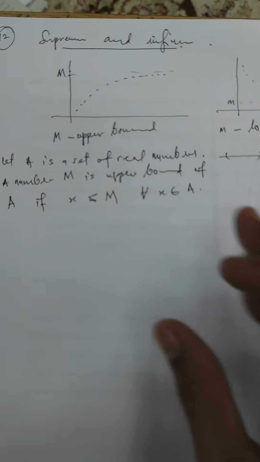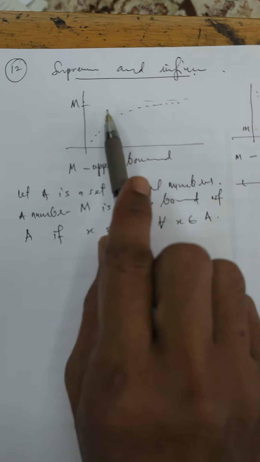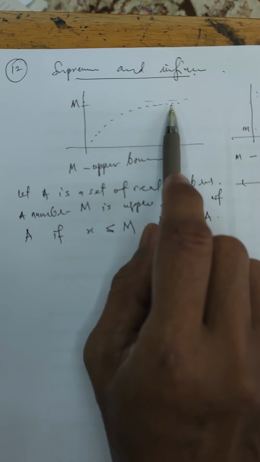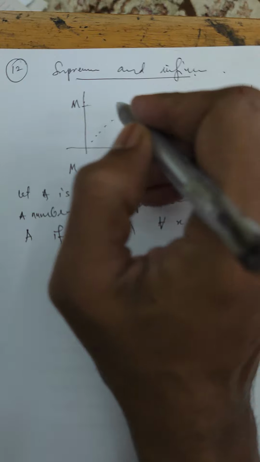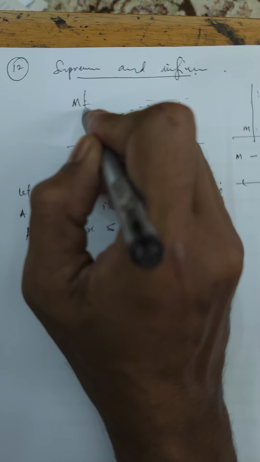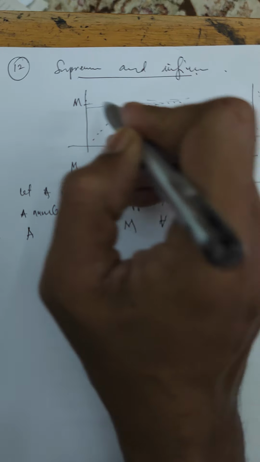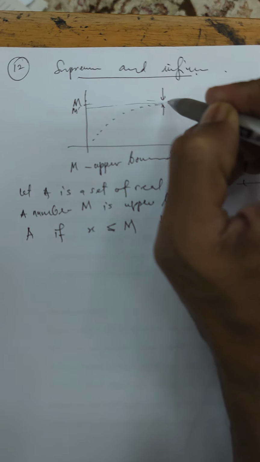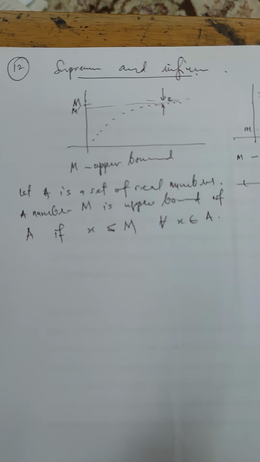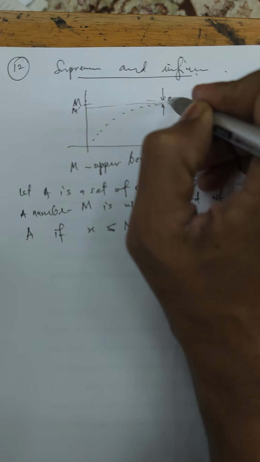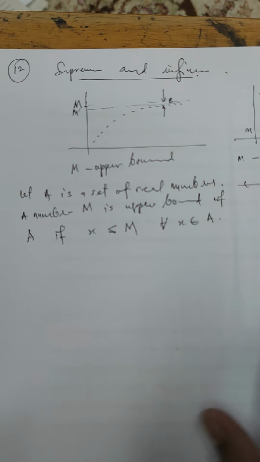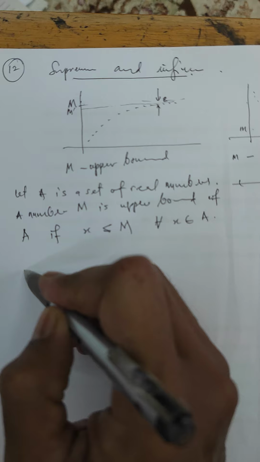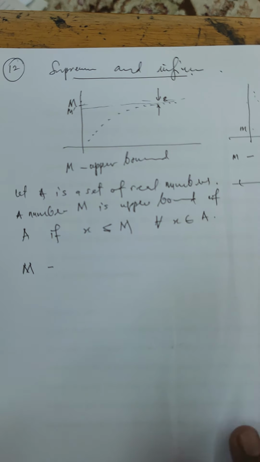Now look at those upper bounds. If we can find some m prime, for example very small, where the distance between that and m is some small number epsilon, such that we say m is the least upper bound.